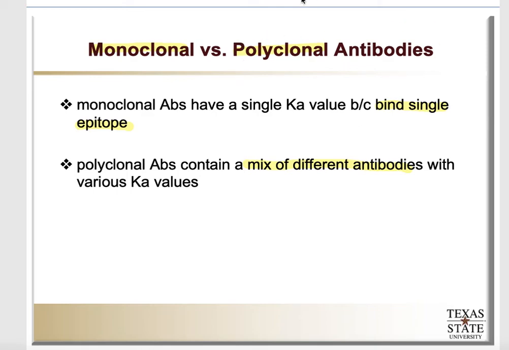And if we want to do this kind of graphically, let's say that this is my virus, and a monoclonal antibody, let's say this guy, would only be able to bind right here. So for any kind of virus, it could only bind in this one section that has a particular protein or a particular saccharide or something like that. While if I go and buy a polyclonal antibody mixture, then what I'm going to get might be one of this, but it also might be one that binds here and one that binds here, a different type.